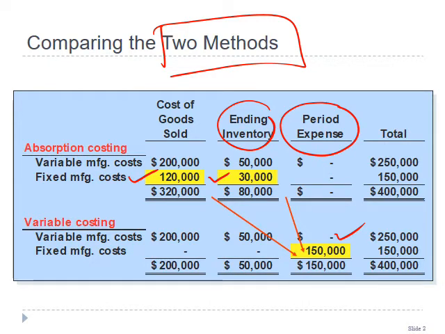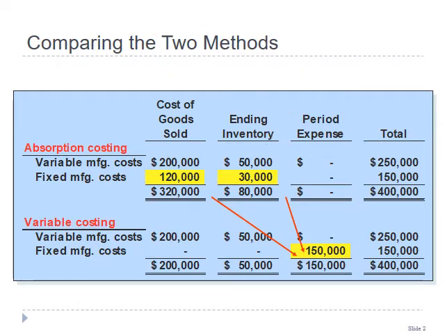So I'm just gonna remind you guys here. Under absorption costing, the product cost is direct labor, direct material, and manufacturing overhead. Which kind of manufacturing overhead? Fixed plus variable.